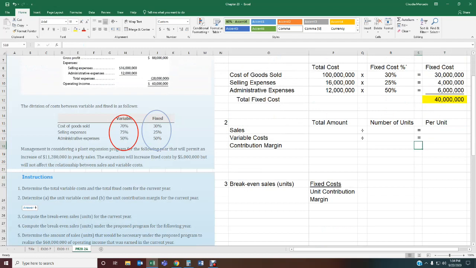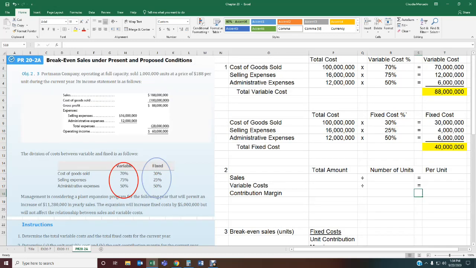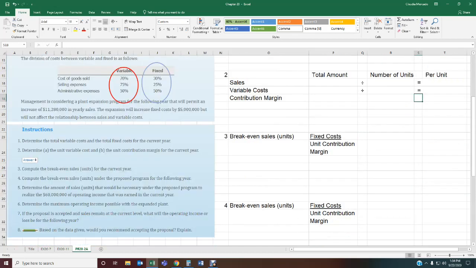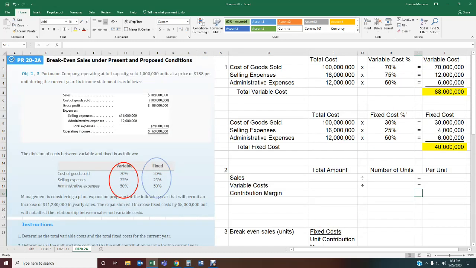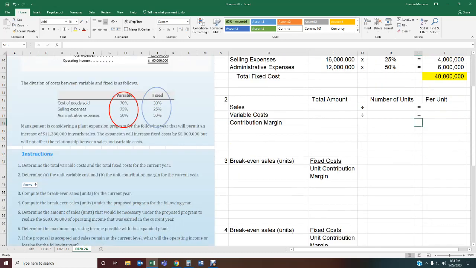That is requirement 2. It's fairly easy. You just get your categories, which is cost of goods sold, selling, and admin, and multiply it by the rates provided. So that was number 1.